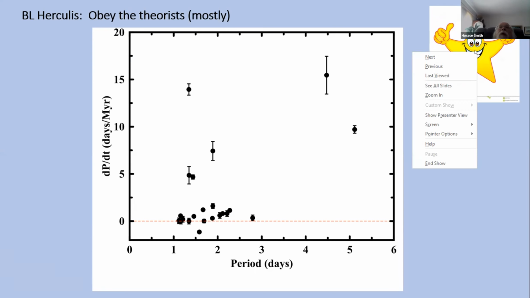There are a couple of BL Herc stars with small negative period changes. Actually, those tend to be more metal-rich stars, suggesting that the metal-rich BL Herc stars may have somewhat different origins or evolutions than the metal-poor ones, which wouldn't be surprising.